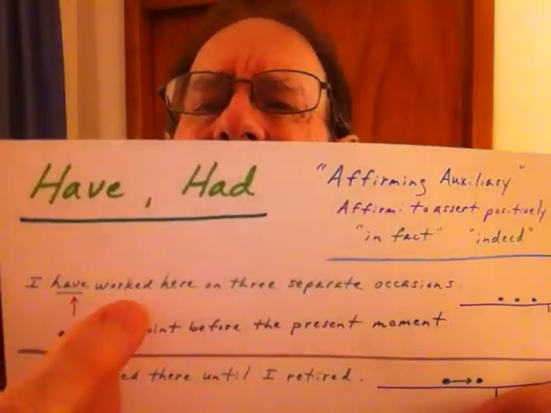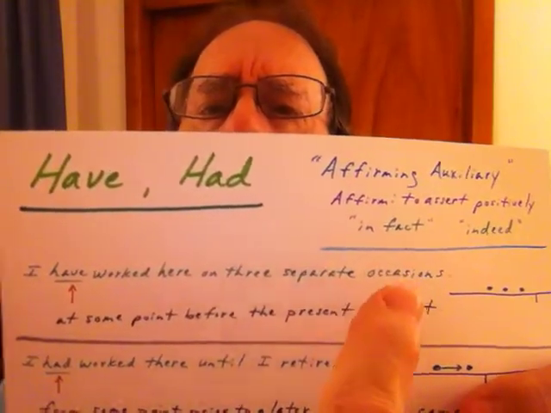So for have and had, affirming auxiliaries, you look at it and you say, well, does it work? Is this definition gonna work? Or does the definition need some refinement? Well, here's a sample sentence. I have worked here on 3 separate occasions.